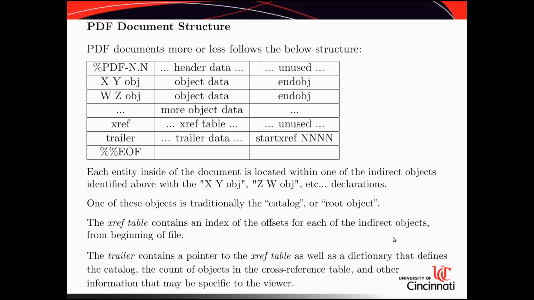And then from there it would move up to the cross-reference table, index all those offsets, and then it would be able to jump around the file without necessarily having to maintain the entire file in local memory. So that might be one approach that a system uses to try and navigate this.